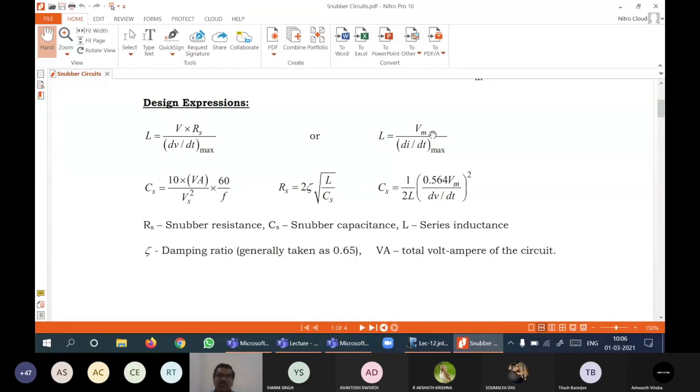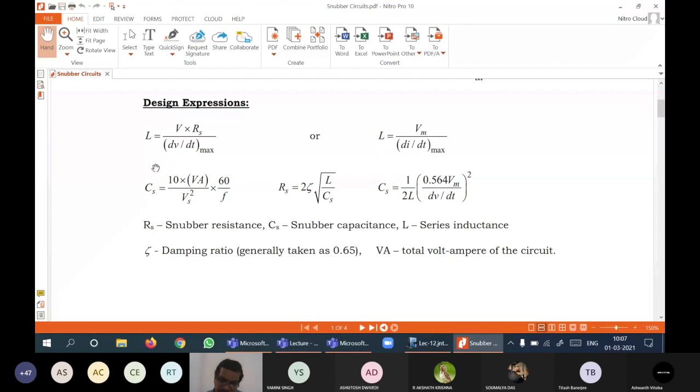V max depends on the circuit. di by dt max depends on the power circuit, which will be the power device, which will be available from the data sheet. This is where reading the data sheet becomes important. My intention was just to tell you how to use the data sheet for practical use. From the data sheet, you will get this di by dt max. So that is how you design the snubber inductance.